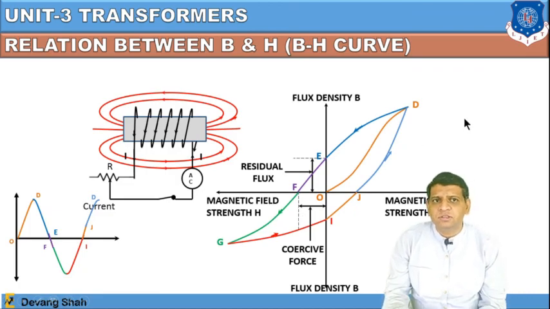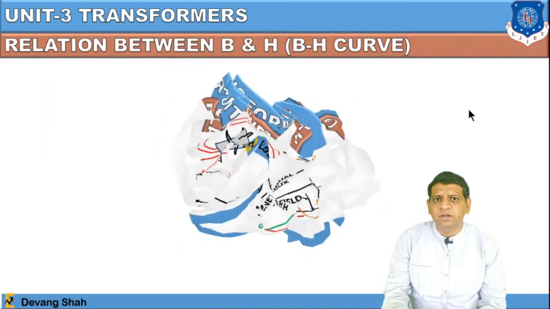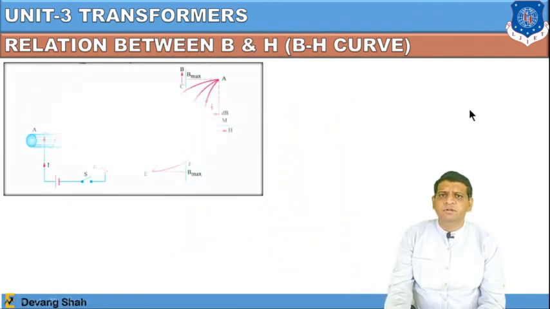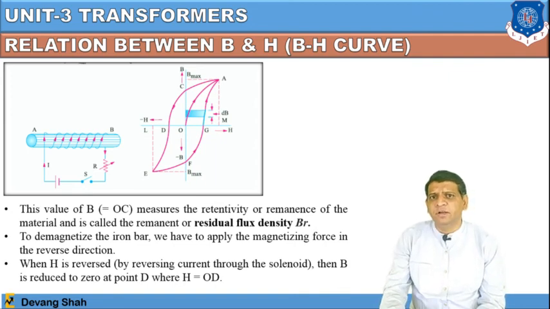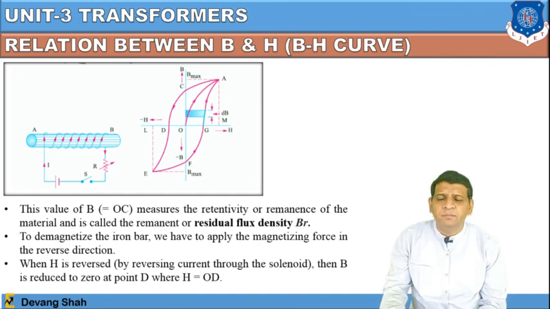Now we further discuss the two most important definitions here. One of the definitions is the residual flux, and that residual flux is, in another sense, defined as retentivity or remanence. This is nothing but even when the magnetic field strength becomes 0, still there is some magnetic flux available in the magnetic circuit, that is defined as a residual flux.